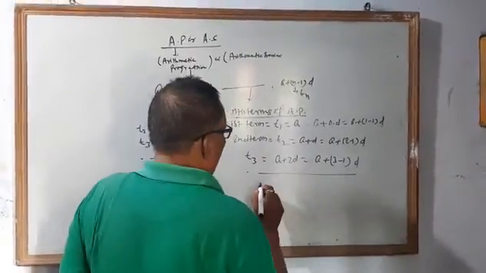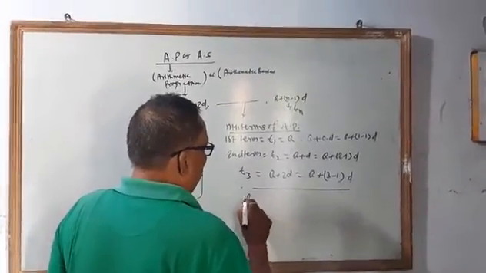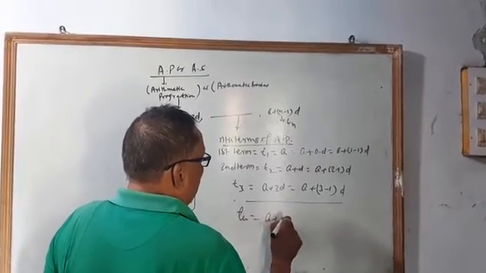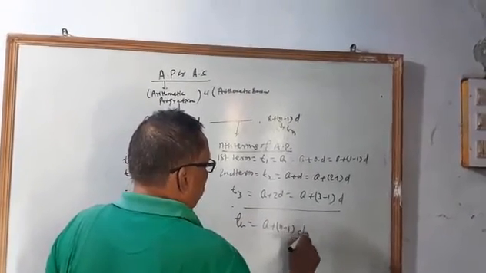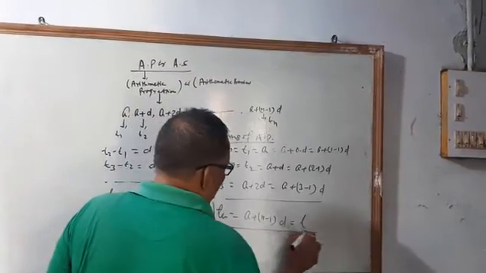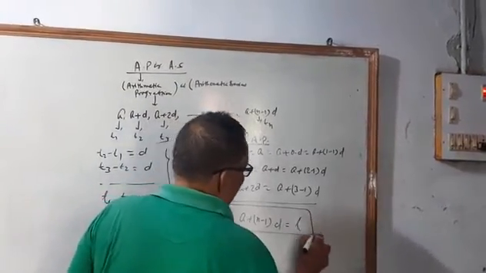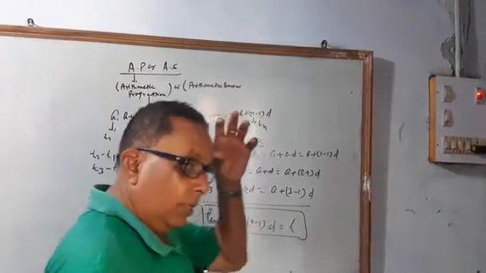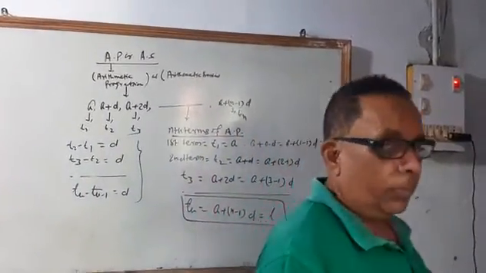Therefore, Tn will be a plus (n minus 1) into d. Tn is also known as the last term of the sequence from the beginning, or in increasing order.